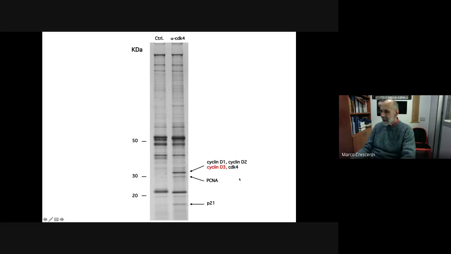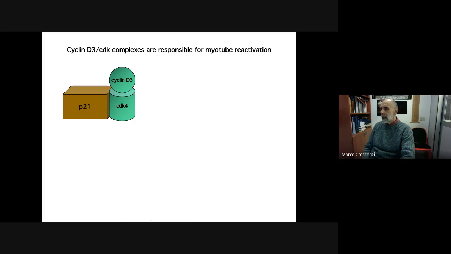Why cyclin D3 and not cyclin D2? Because we remembered data in the literature that showed that in myotubes, there are multi-protein complexes that, among other proteins, contain cyclin D3, CDK4, and P21.